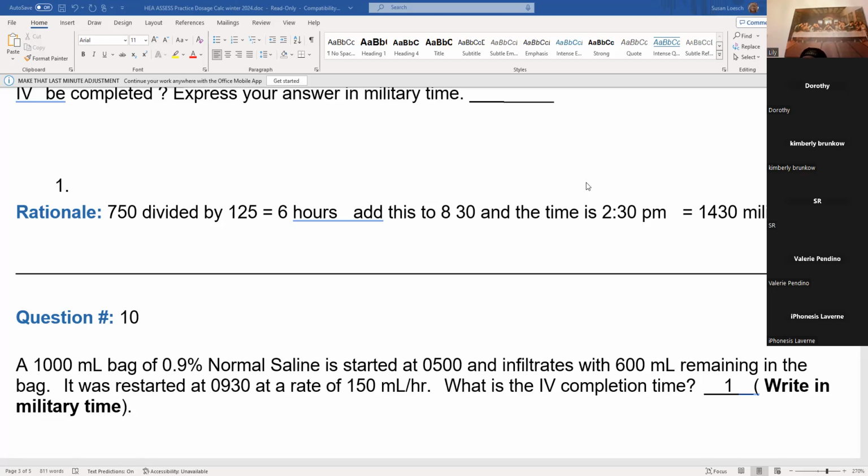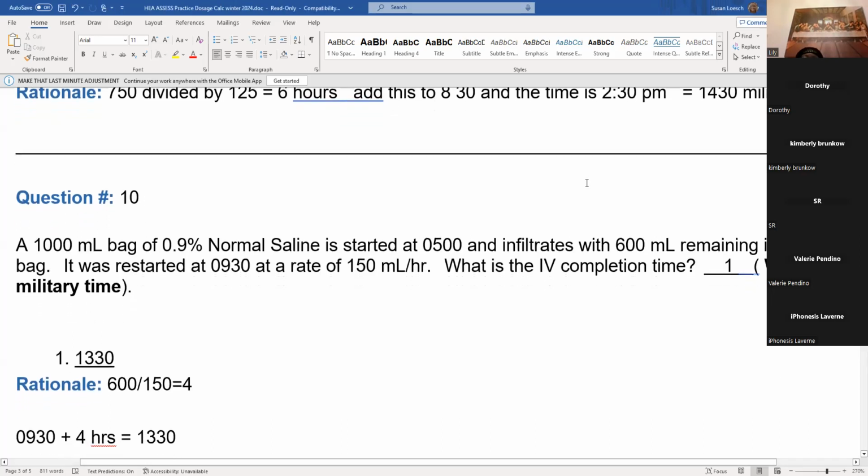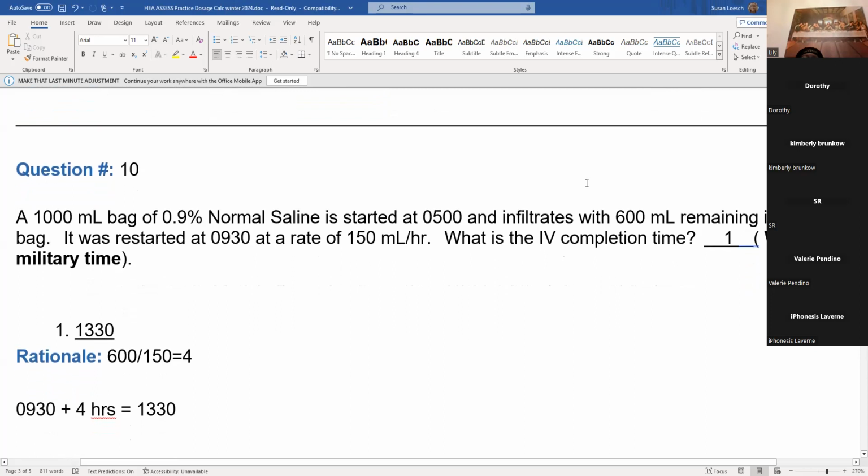All right, so you should have taken your 600 here. That's what's left, divided by your 150. That should have given you 4 hours. Which would convert to 1330 in military time. Sorry, 10:30. I'm having a hard time spitting it out. 10:30. Okay.